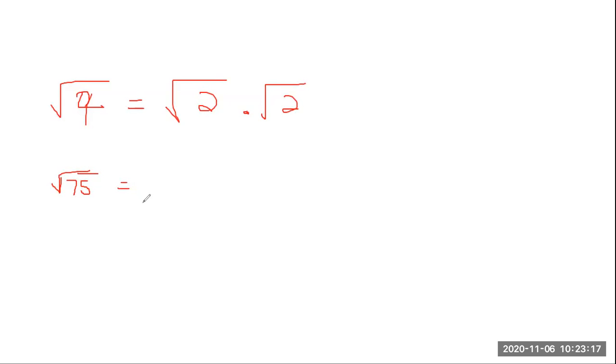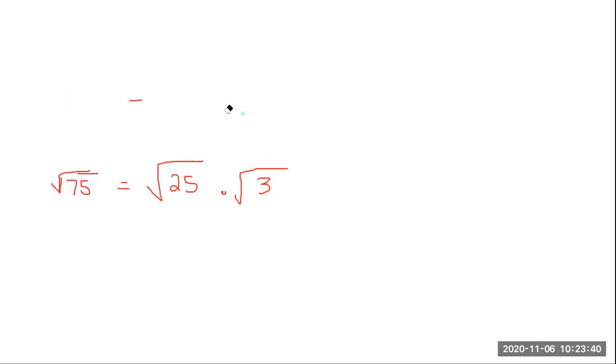So I could split this up into square root 25 times square root 3, because 25 times 3 is 75. The goal is, I'm going to say it one more time, after I split it up, I want one of these numbers to be a perfect square.